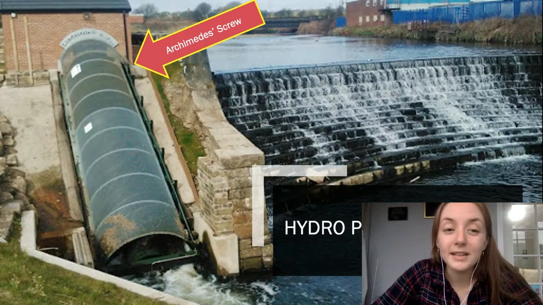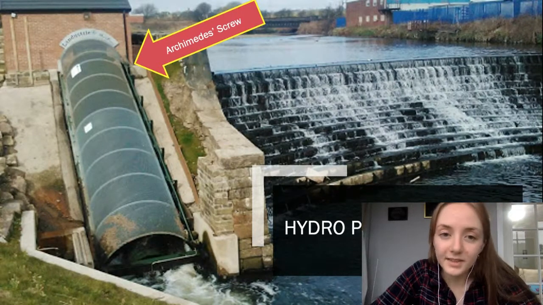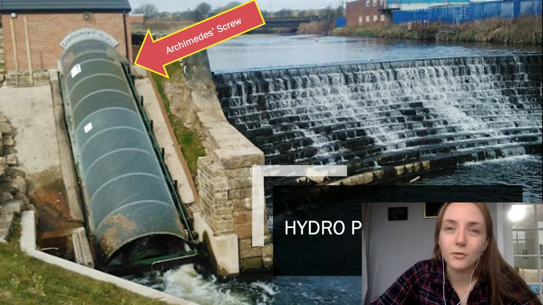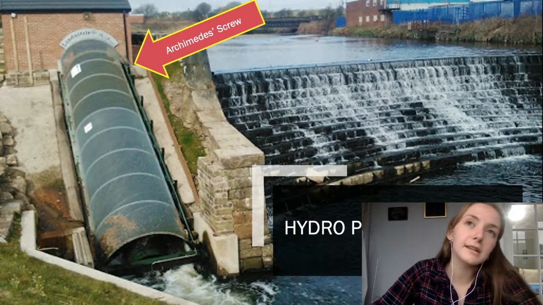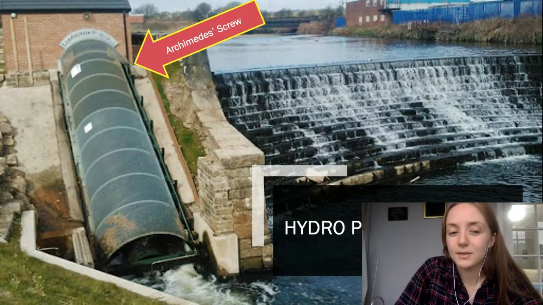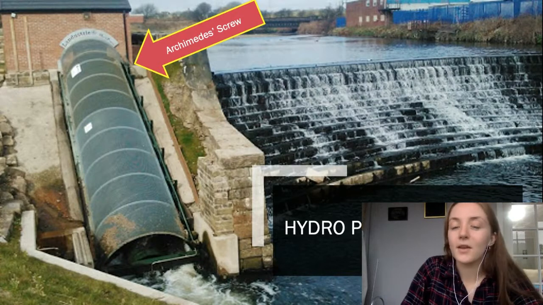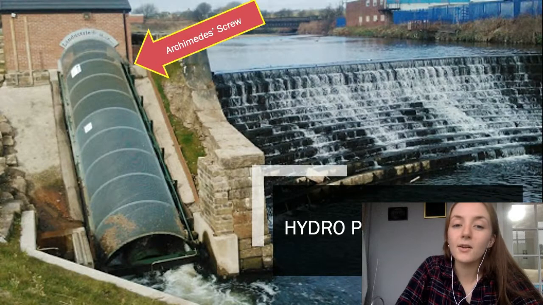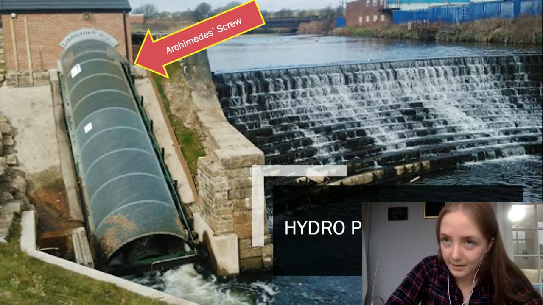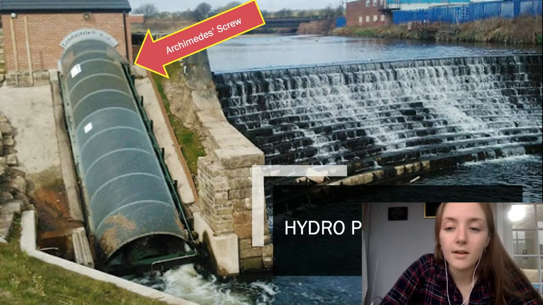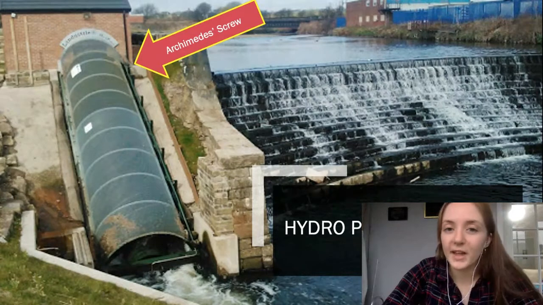Well, that is pointing to an Archimedes screw, except it's happening in the reverse order of what we've just watched. So instead of us turning a crank, causing the screw to turn and lifting water up, the opposite thing is happening. Water is moving from a higher reservoir where it has gravitational potential energy through the Archimedes screw down to the bottom where it will have a lower gravitational potential energy.